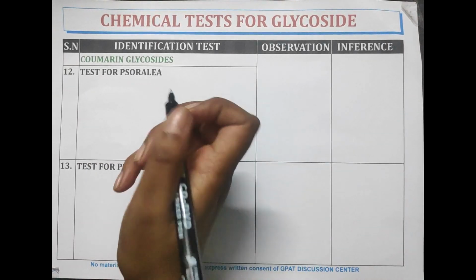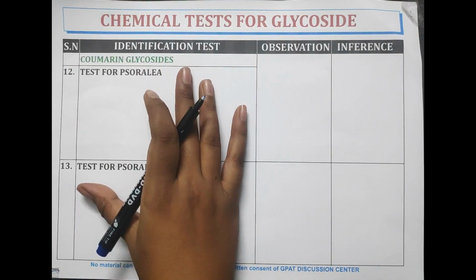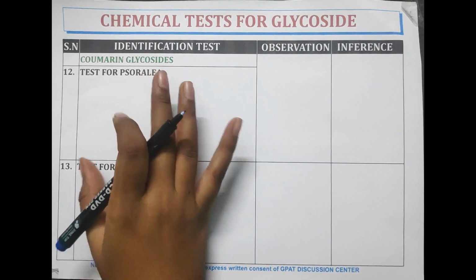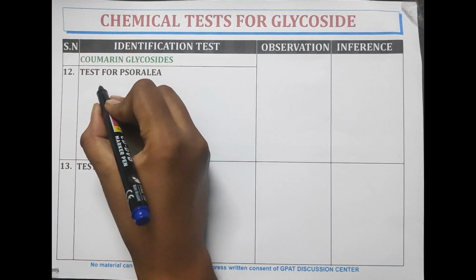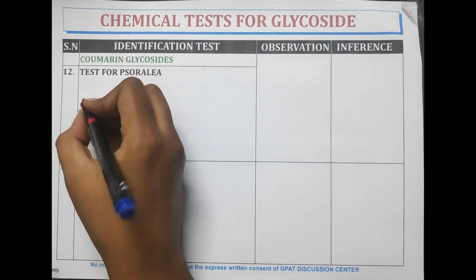Another type of glycoside is coumarin glycoside. The coumarin glycoside has two tests for its identification. First test is test for Sulleria.